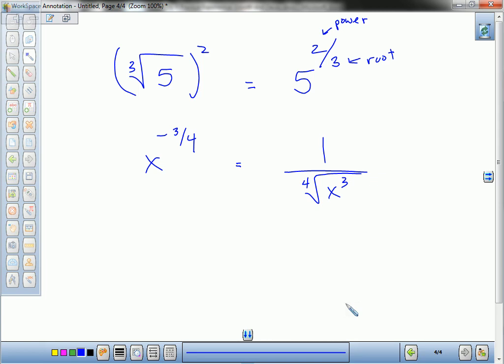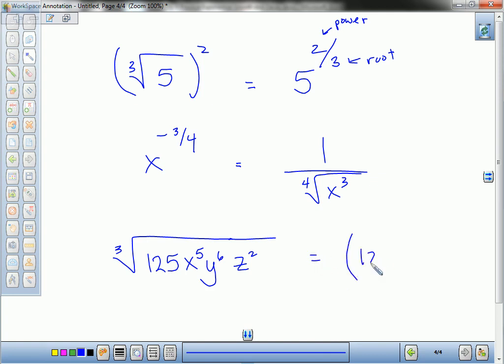So, all right. The last thing would be simplify. So if we had like the third root of 125 x to the 5th, y to the 6th, z squared. Okay, so we could write this as this.